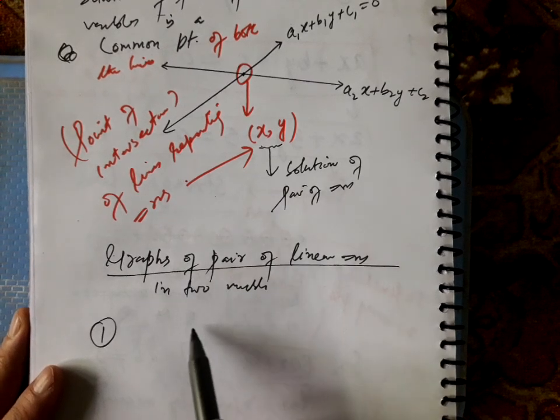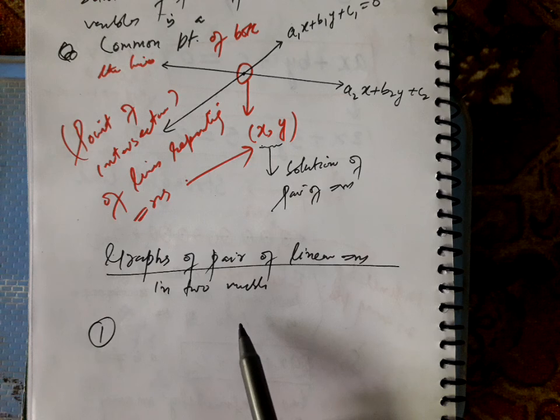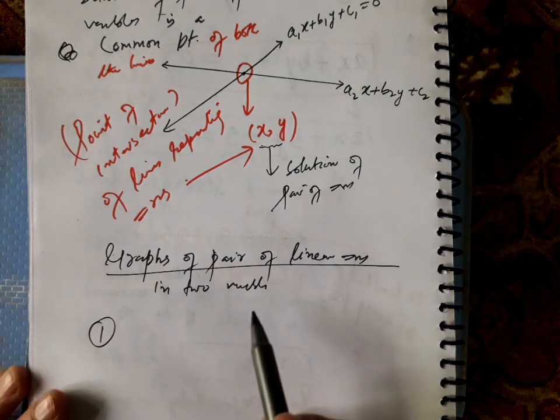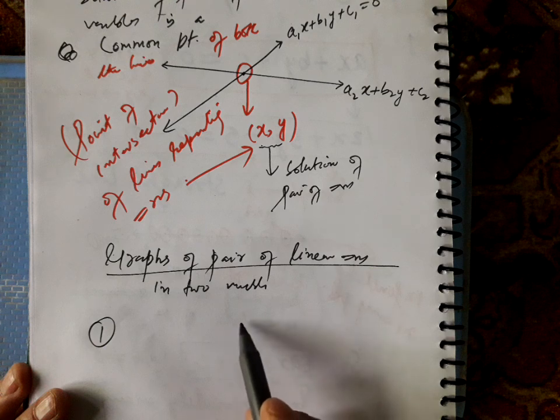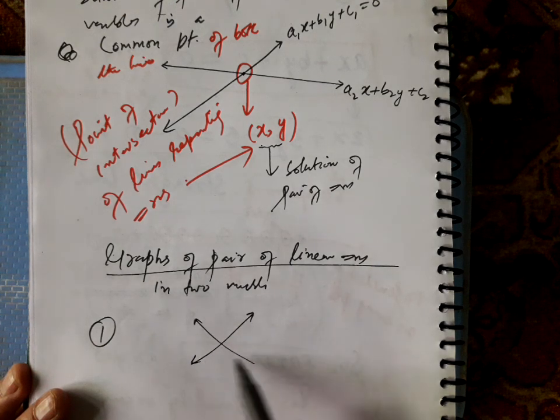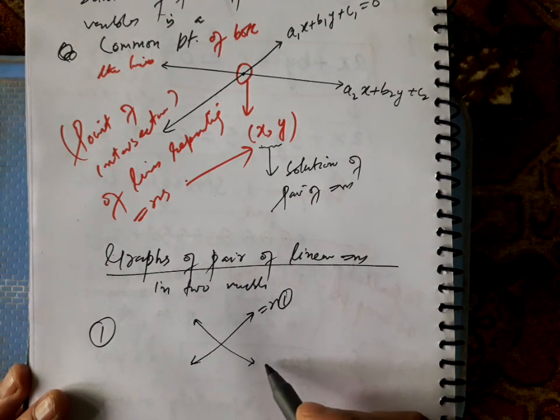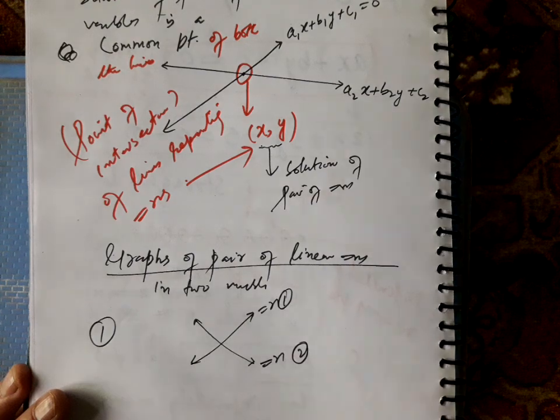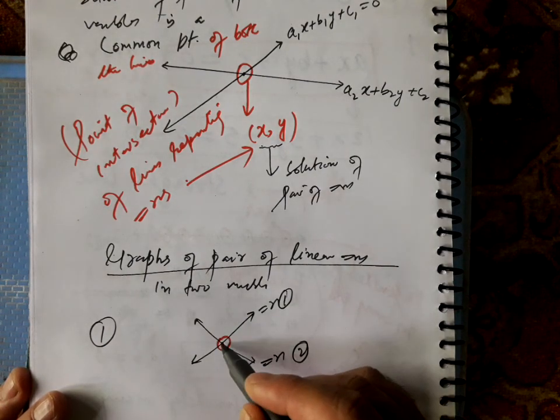Number one, the lines will intersect at a point, like this, somewhere. This will be the graph of equation 1, this will be the graph of equation 2. So the lines intersect at a point, so we have a solution.